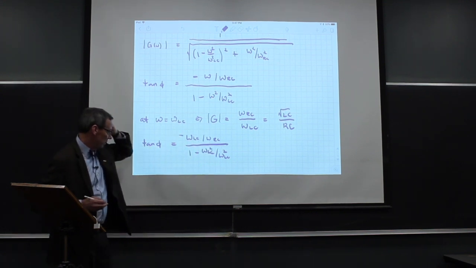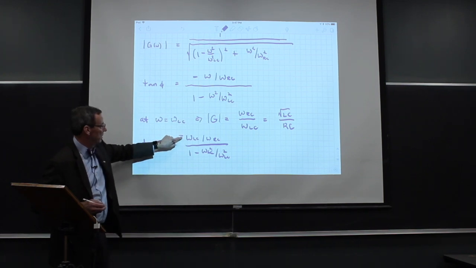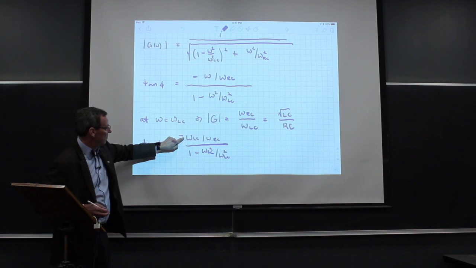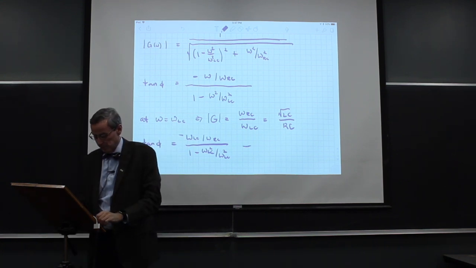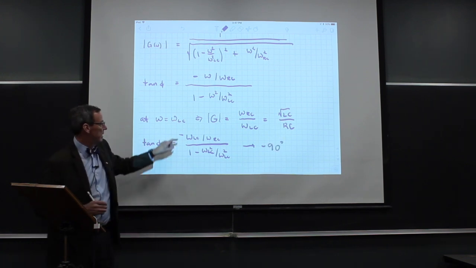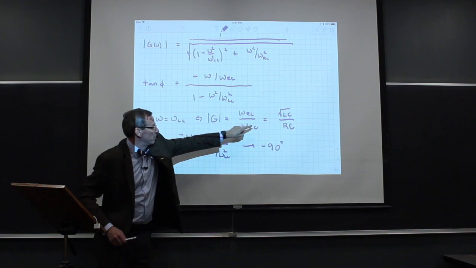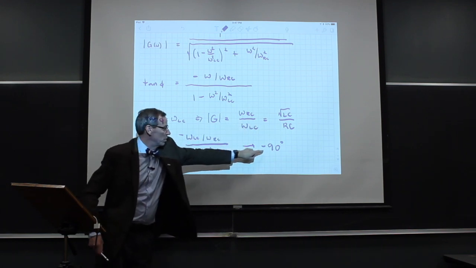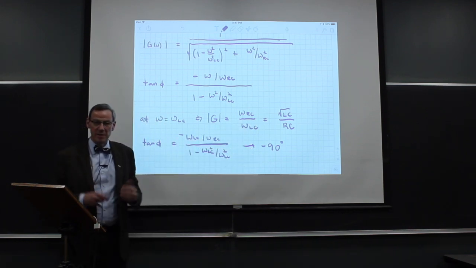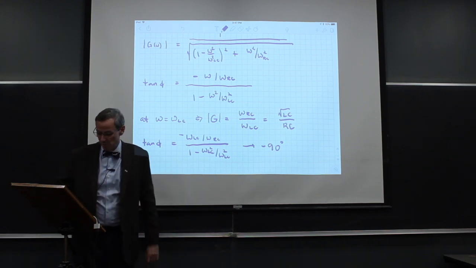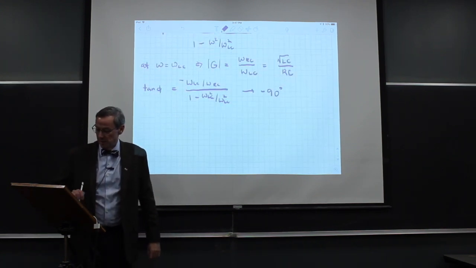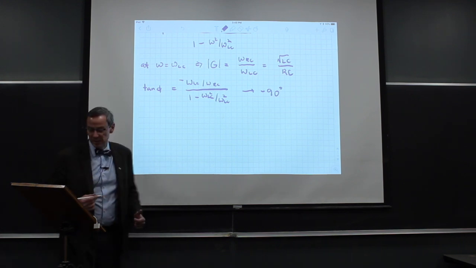If we look at the quadrants, it's going to be either the third or fourth quadrant, so it's going to be minus 90 degrees in this particular case. So we get a finite gain, and we're 90 degrees out of phase here. That's kind of interesting because if we're 90 degrees out of phase, we don't get any power there.